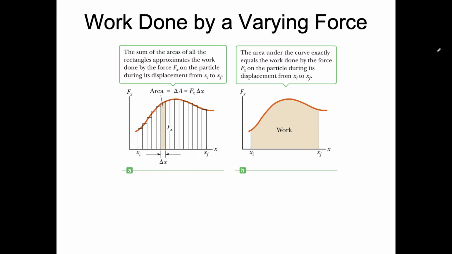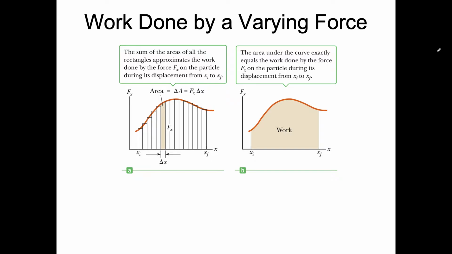Now, unlike gravitational potential energy, where the gravitational force for an object on the surface of Earth is almost constant, weight is almost constant, the spring force is changing, depending on the deformation of the spring. So let's first try to understand the work done by the spring force.